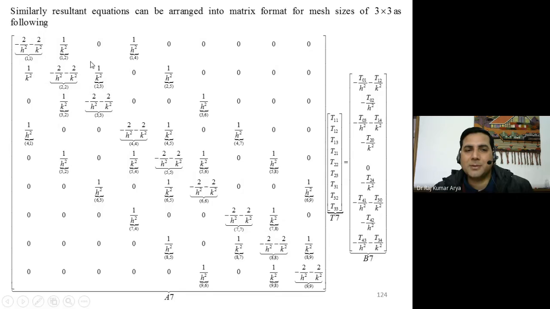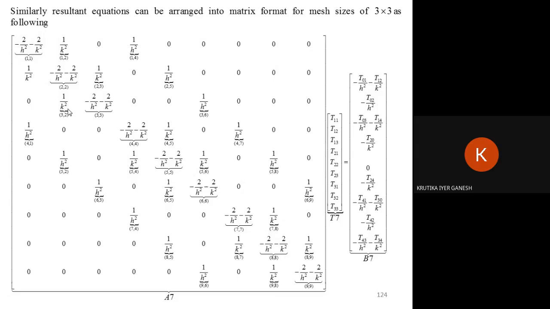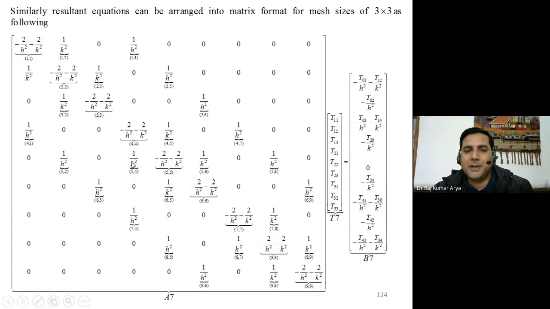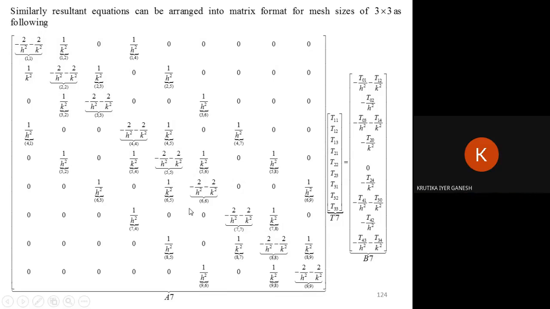Both are the same. 3 comma 2 or 2 comma 3, my element is the same. Right or not? Same thing here, that 5 comma 4 and 4 comma 5, my element is again the same. So you say this off diagonal is following the same trend on the left side and right side both. Correct or not?